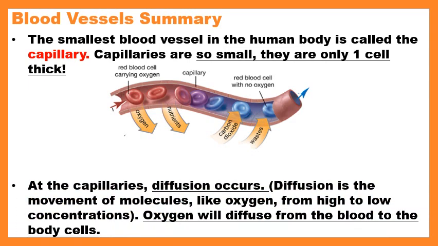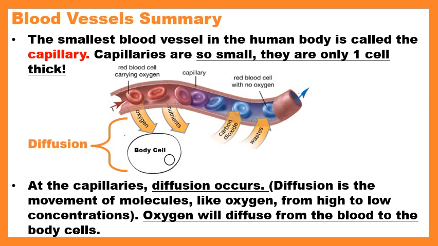Remember, diffusion is the movement of molecules like oxygen from high to low concentrations, or you could say it's the movement of molecules from an area of a lot to an area of a little. So oxygen will diffuse from the blood to the body cells. So there's oxygen on the red blood cells in the capillary, and only at the capillary will that oxygen kind of hop off the red blood cell and go into the body cell. So this is where diffusion of oxygen occurs.